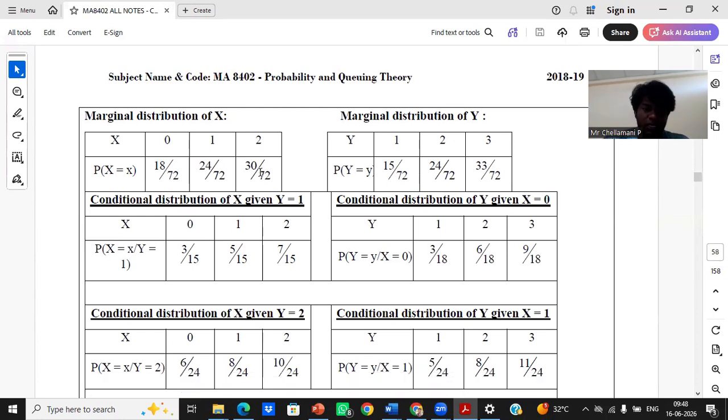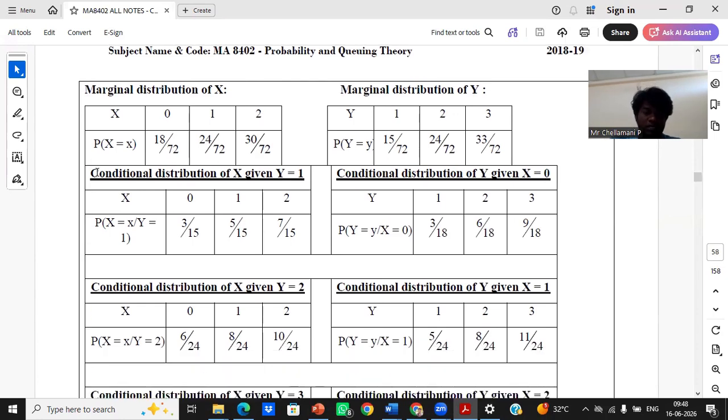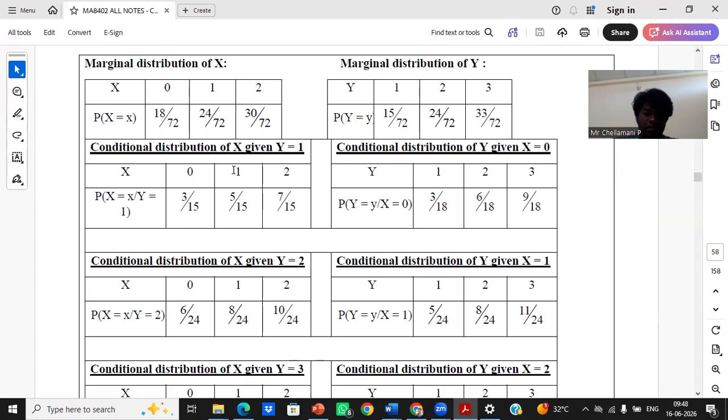Next, we are going to see conditional probability. For the conditional distribution of x, we fix the y value and vary the x values. Fixing y equal to 1, we get the values 3 by 15, 5 by 15, and 7 by 15.